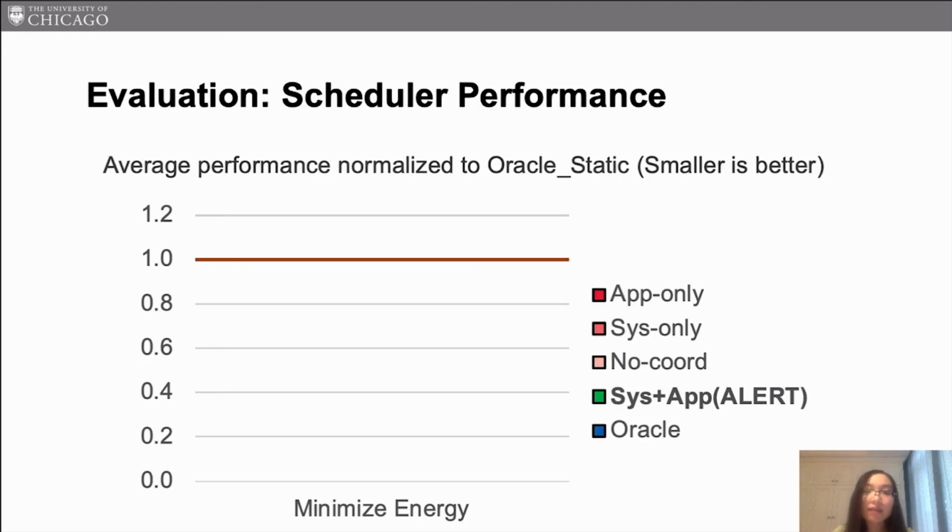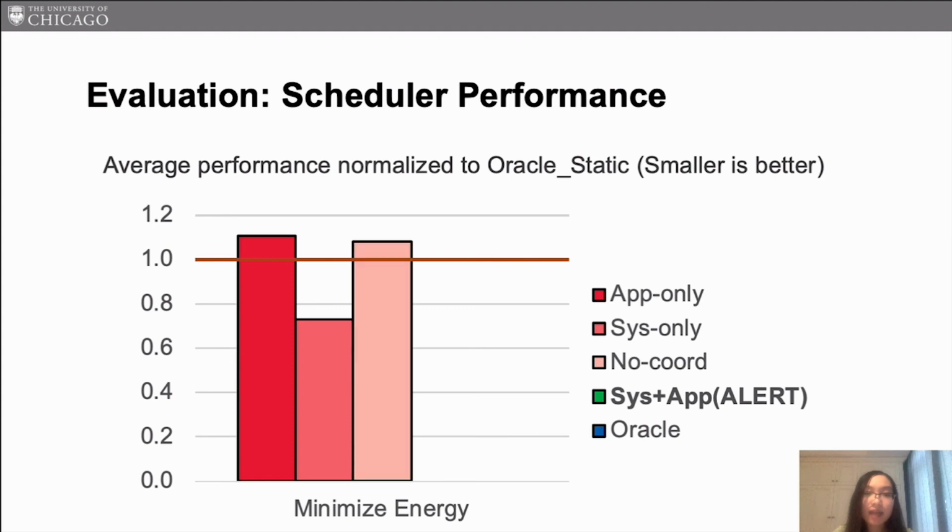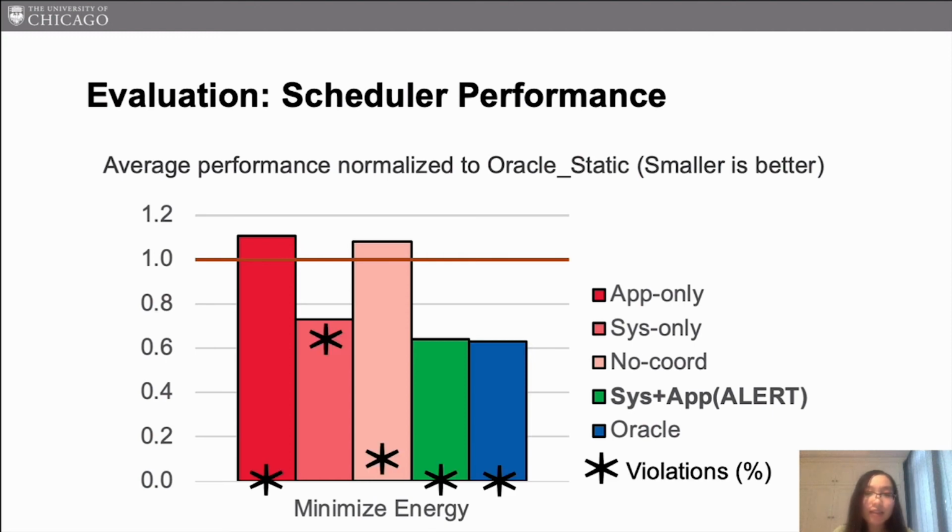Here is our result summary. All the numbers are normalized to the static oracle. We first evaluate the minimize energy task. From left to right, red represents the baselines, green is our Alert, and blue is the oracle. We also report the violations.